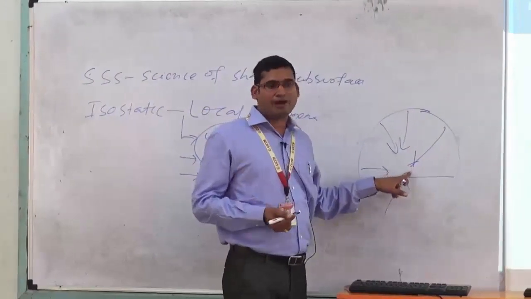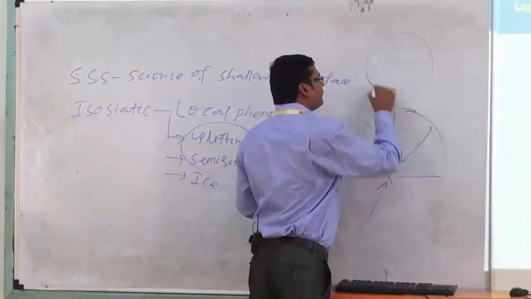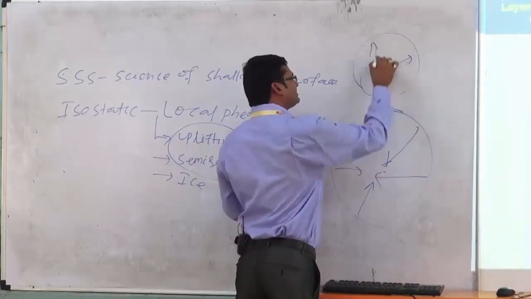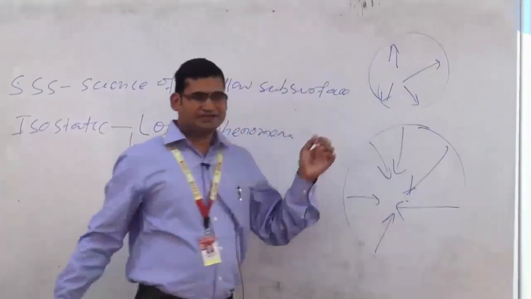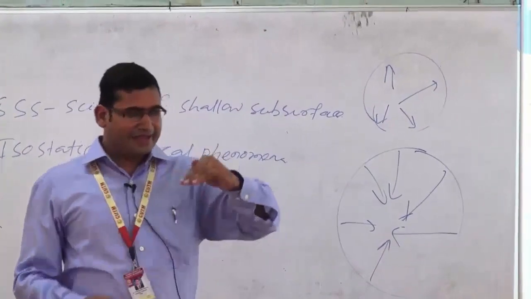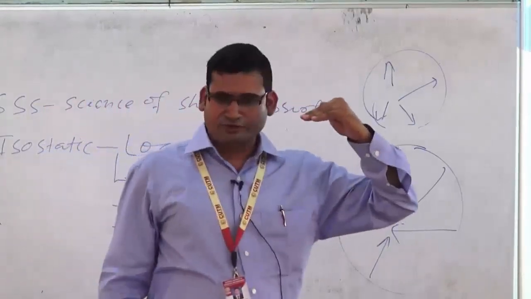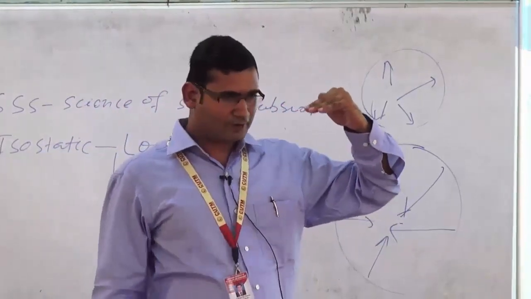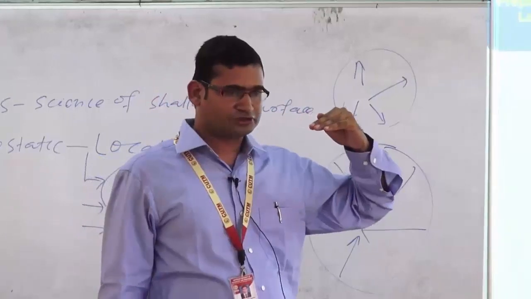This is one kind of pattern, and when the drainages are going away from these centers, two things will come. In case a structure is developed like that, I call it a ridge or domal structure.